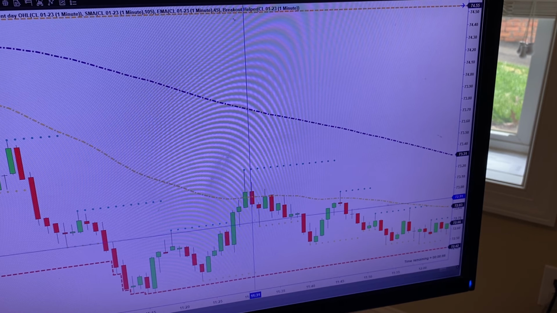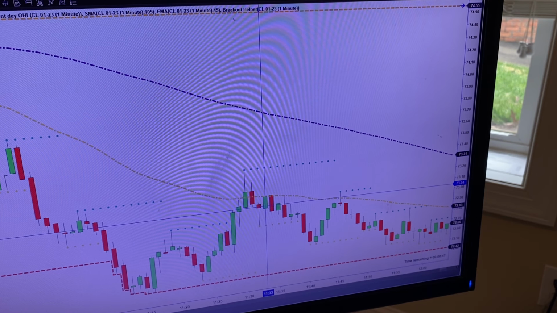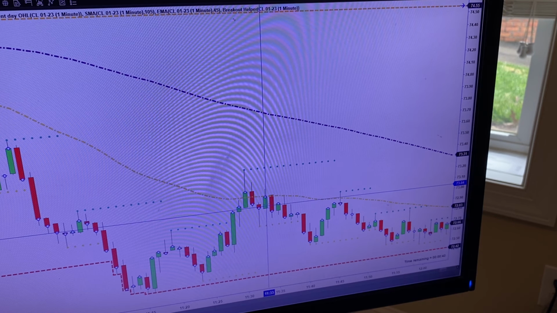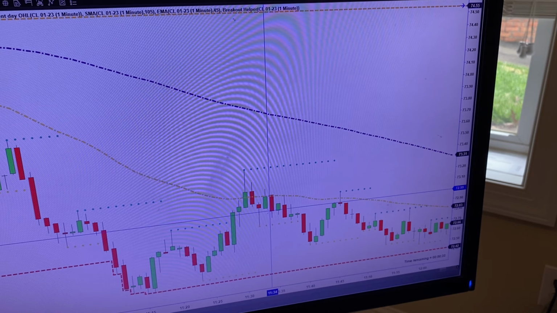When that thing breaks down, which by the way ran down, Jesus, hold on here. Did it run down that much? So you're in at 73.04, which is what I've said about 12 times. It ran all the way down to 72.87. So let's see here.